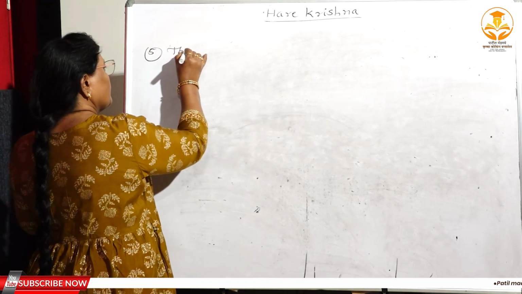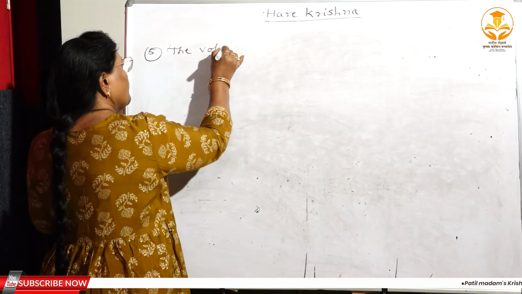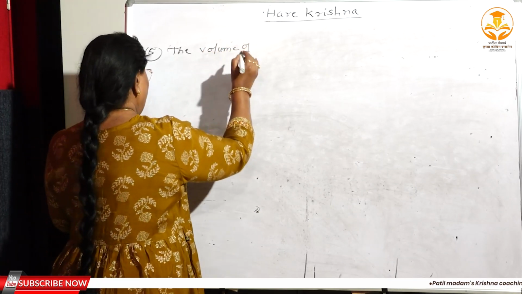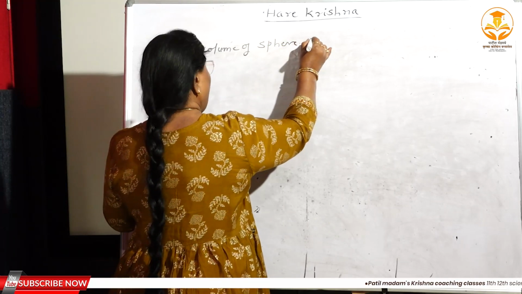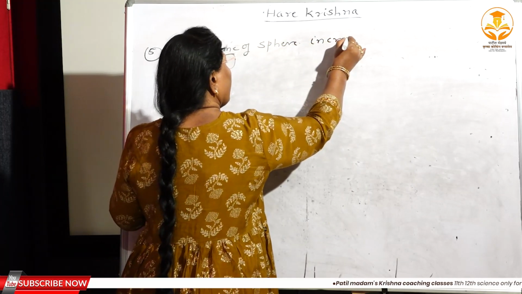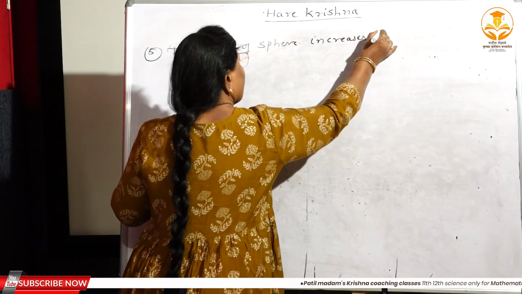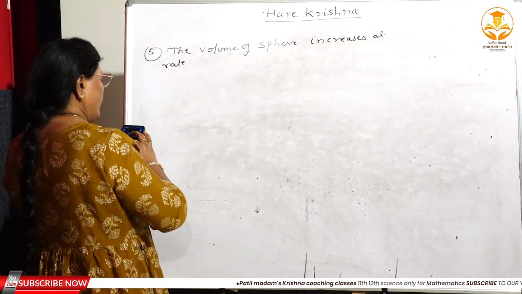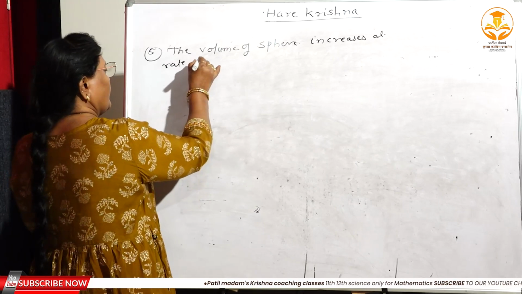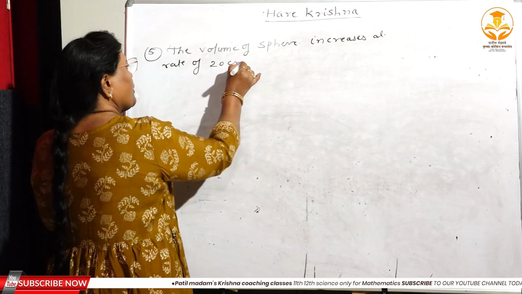The volume of a sphere increases at the rate of 20 centimeter cube per second.